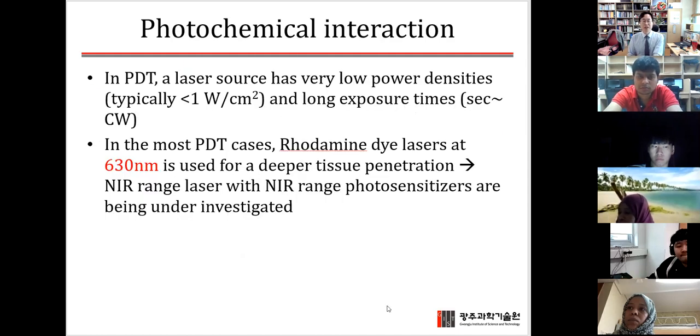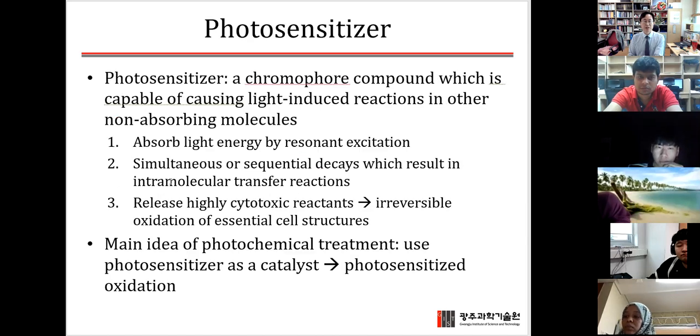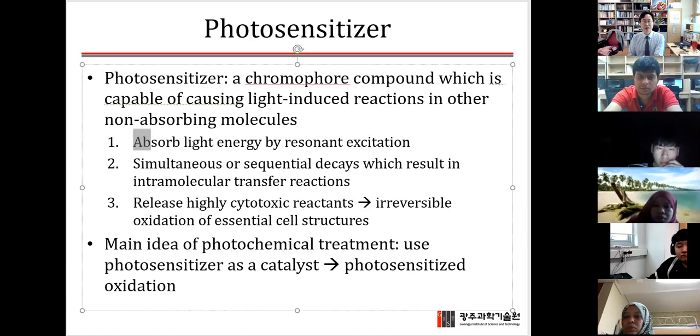So let's look at the PDT. For the PDT case, you are injecting a chemical named a photosensitizer. As the name says, it becomes sensitized when there is light. The photosensitizer can absorb the light energy by resonant excitation.